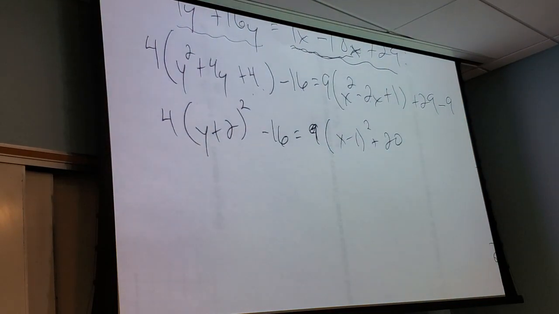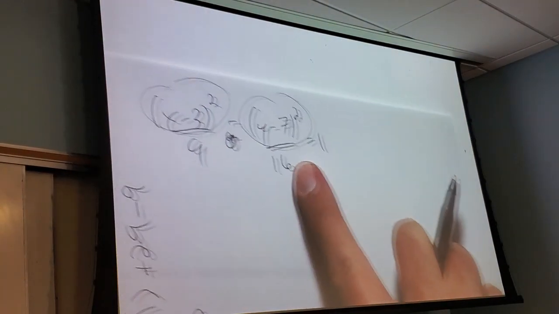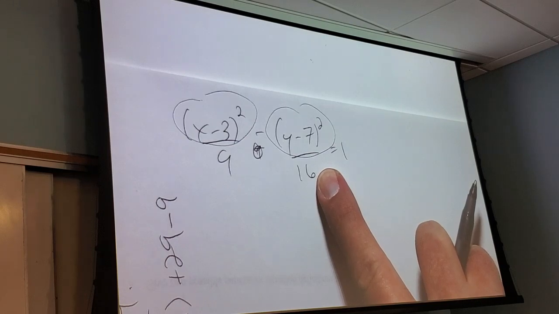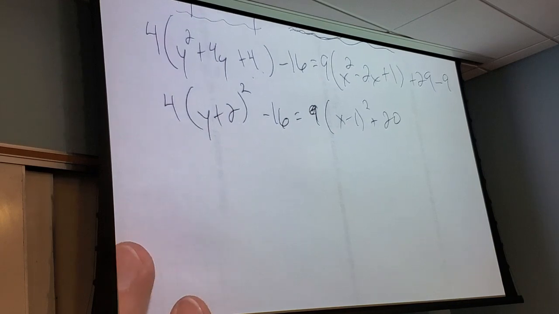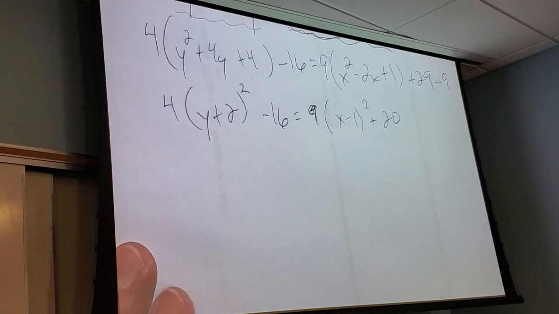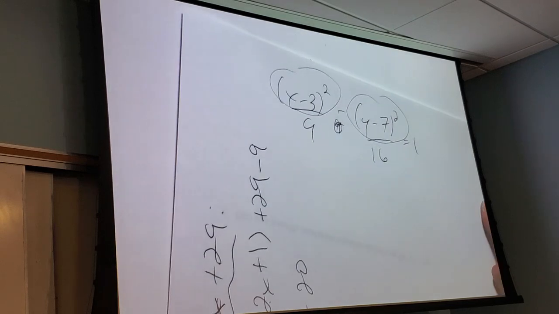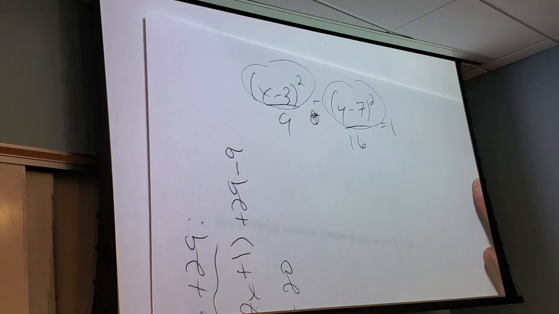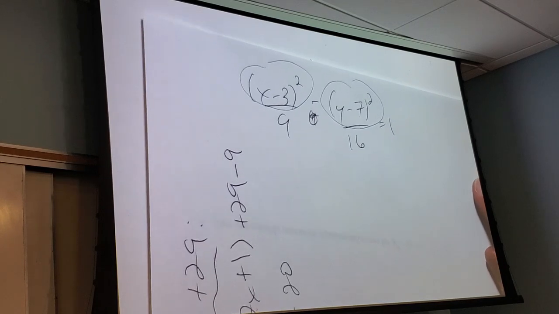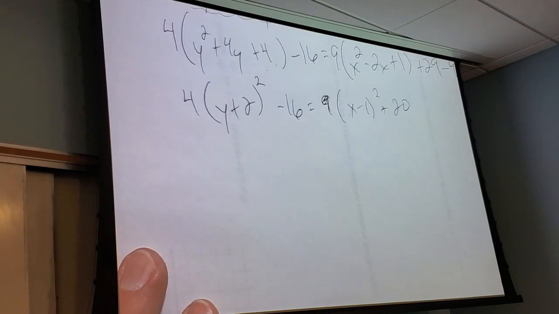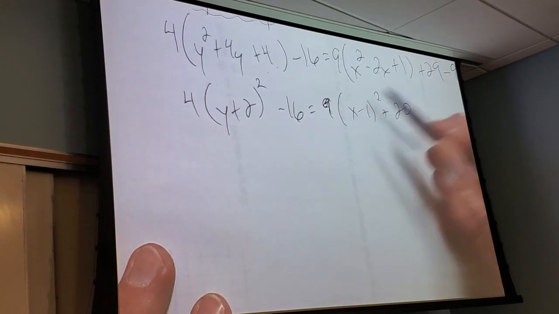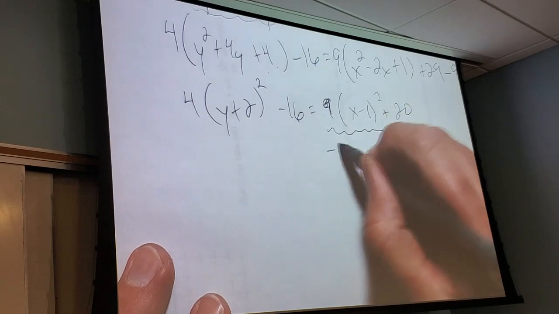Now remember our goal, right? Our goal is to get something that looks like this. That would be awesome. So what's in the wrong place? So many things. I want it to look like this. So I want my x's and y's to all be together, correct? So what do I need to do? I need to get this over there, so I've got to subtract this.